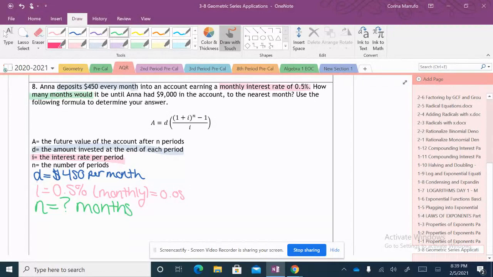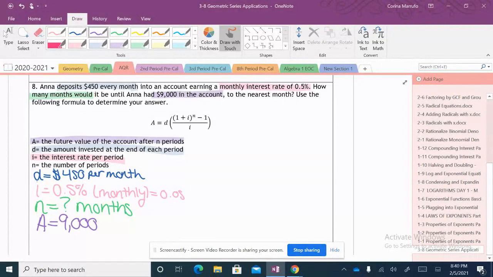And then it says, until Anna had $9,000 in the account. So that's the amount, the future value that they want in the account. So A is 9,000. So now this time we're going to have to solve for N.